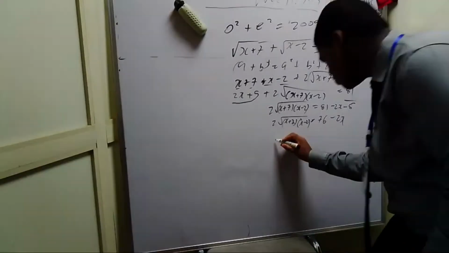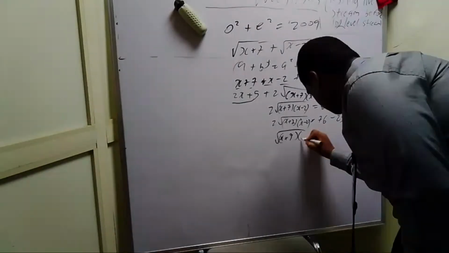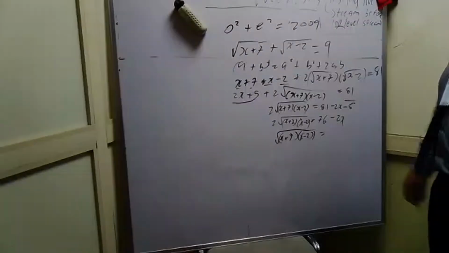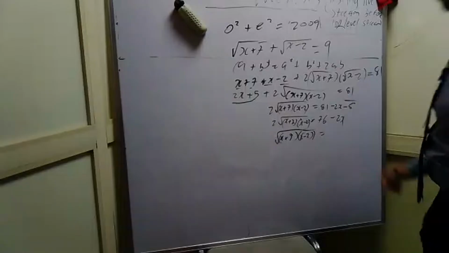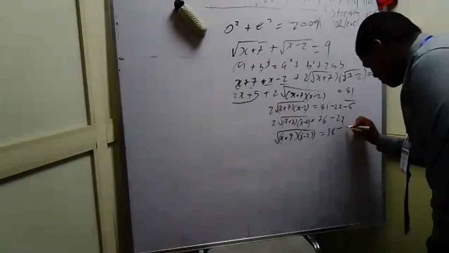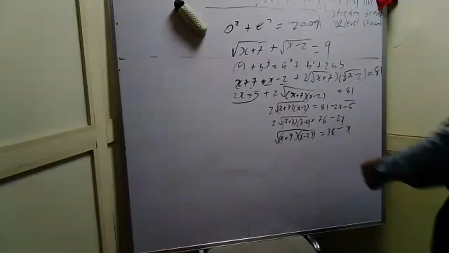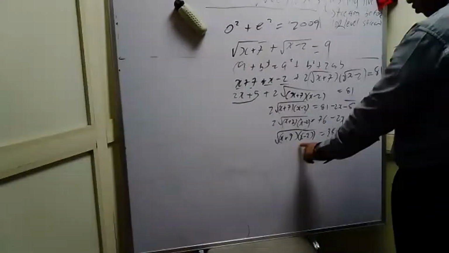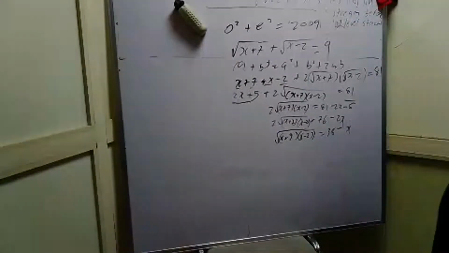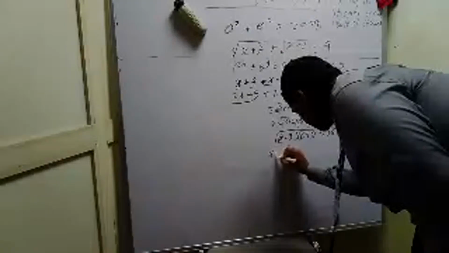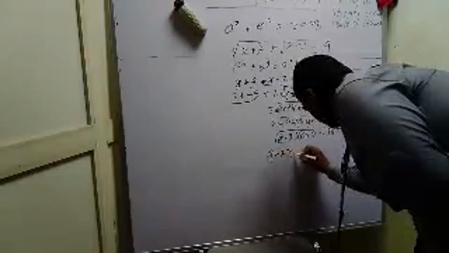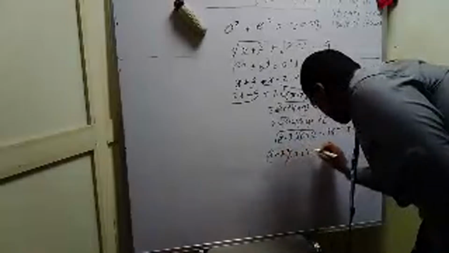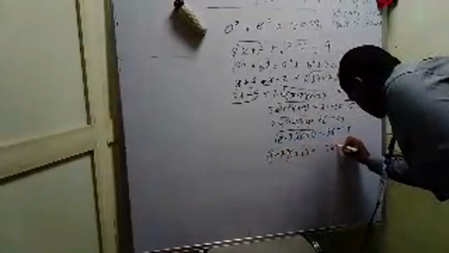By the time you divide by 2, you have the square root of x plus 7 times x minus 2 is equal to 38 minus x. Square both sides again, you have x plus 7 times x minus 2 is equal to 38 minus x all squared.